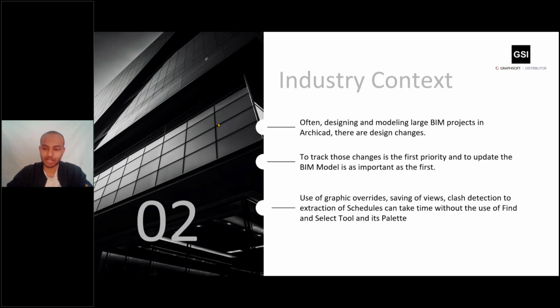You can also do clash detection, which we call collision detection, and prepare schedules. And for these kinds of features, the Find and Select tool and its palette is really helpful. So that's why we are going to dive a little bit deeper into using the Find and Select tool and making the best out of it.